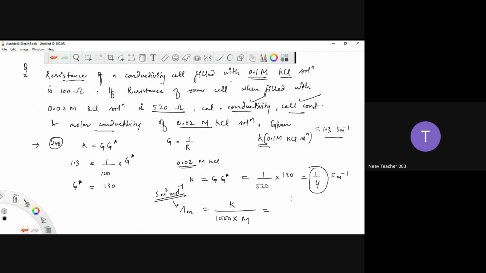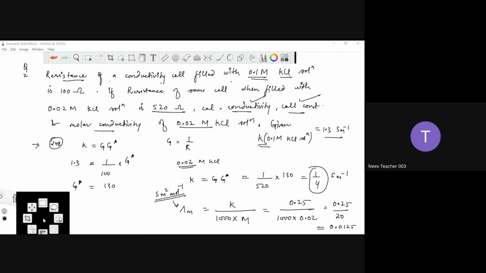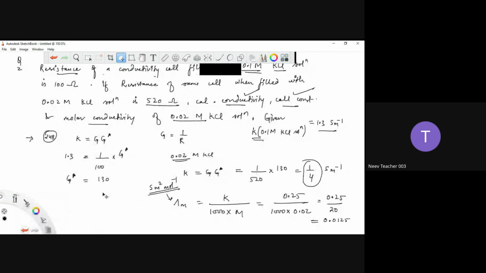So kappa value is 1 by 4, which is 0.25, over 1000 into molarity 0.02. So it will be 0.25 divided by 20, isn't it? So the value will be 0.0125. Correct? So this is the lambda m you are going to get.